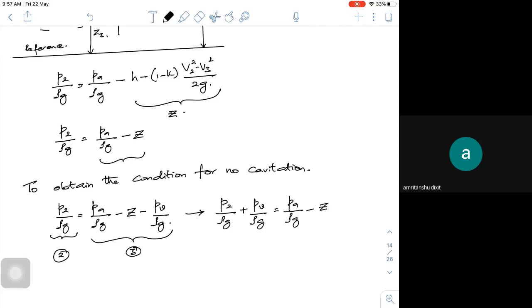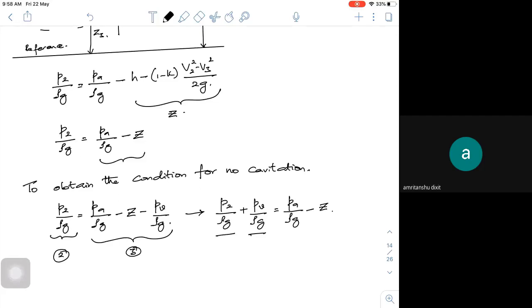So if I know the vapor pressure at any given point for a given water, if I design the pressure, what should be the exit pressure at what I call the turbine exit?